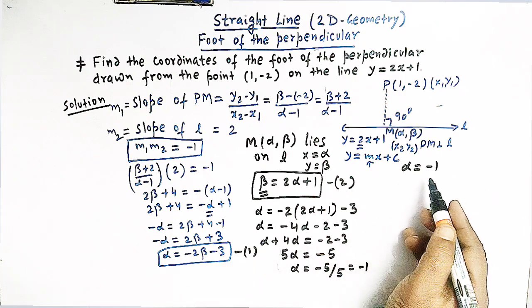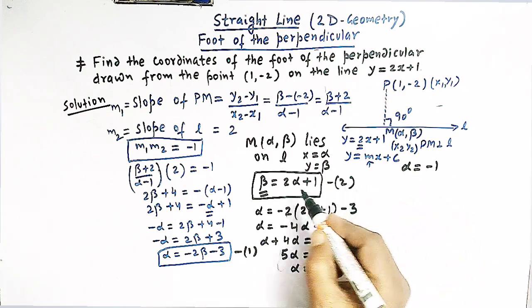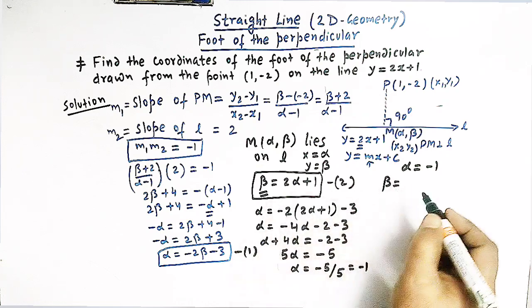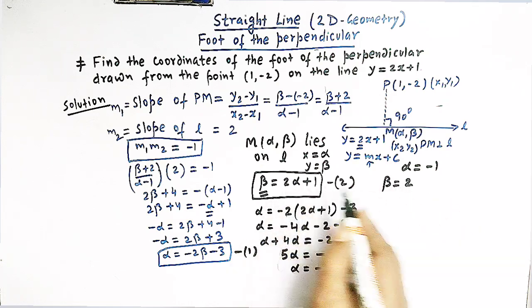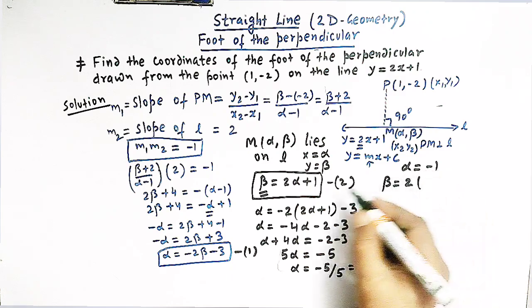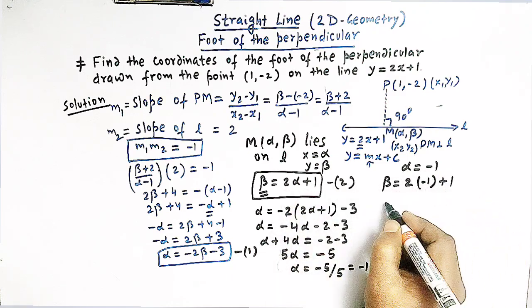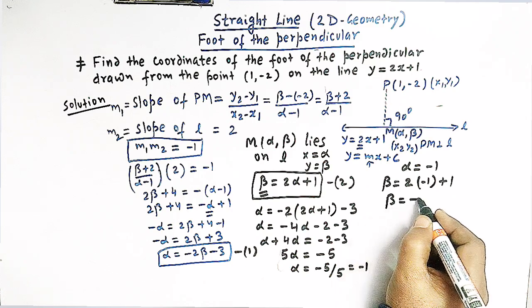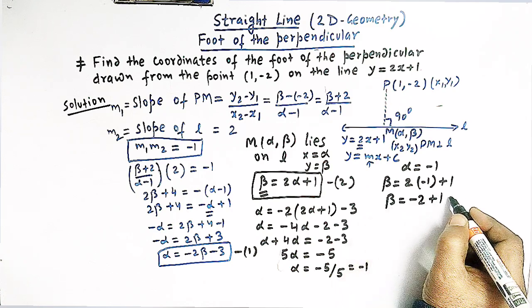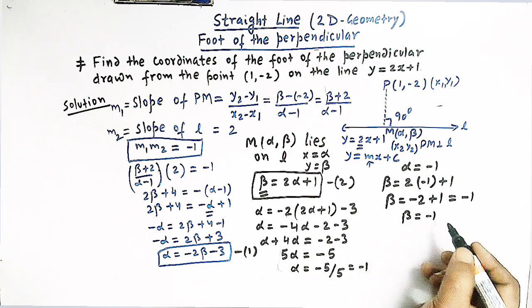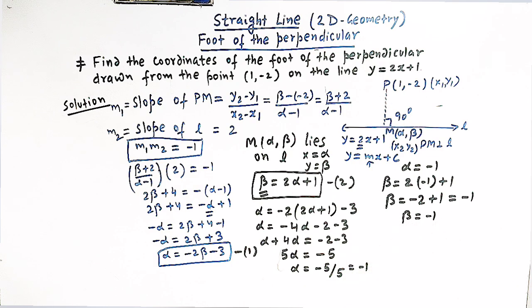So let us substitute this value of alpha in equation 2 to get the value of beta. So beta is 2 alpha plus 1. So alpha is minus 1. So here we have minus 1 plus 1. So beta is minus 2 plus 1, that is minus 1. So the value of beta is equal to minus 1.